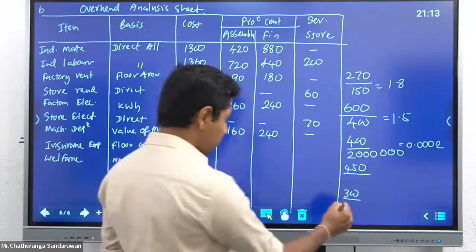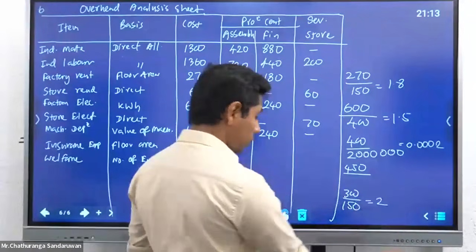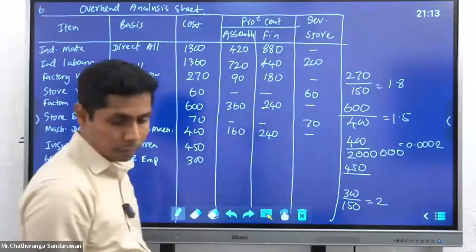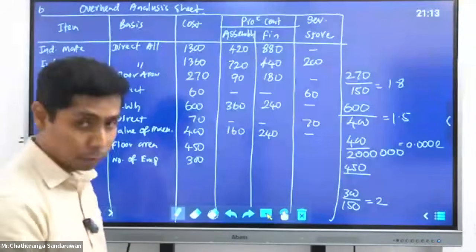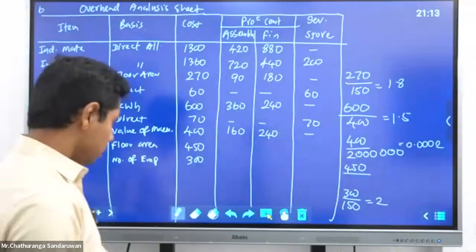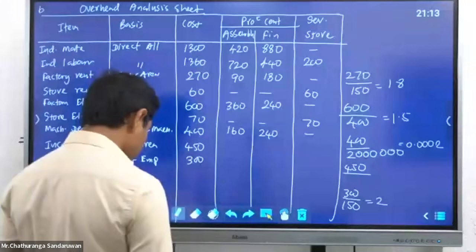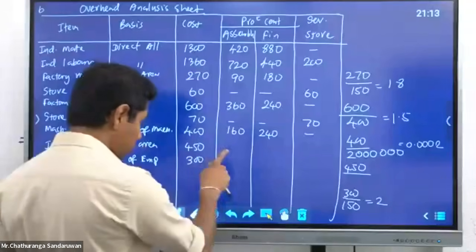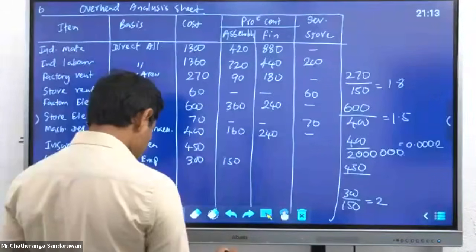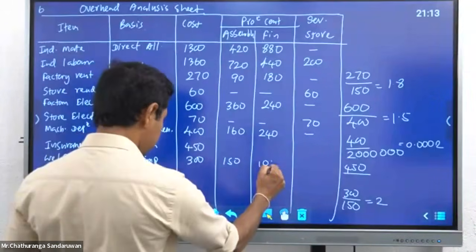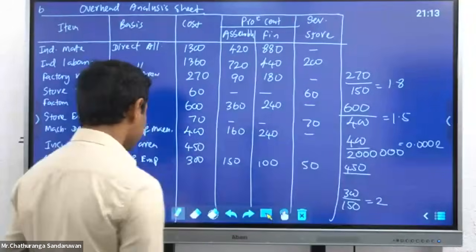So I am getting 150, right? All employees, including security guards, right? We have to provide the welfare for them as well. They are also humans, right? Therefore, that into 2, I mean 2 per employee, 2 into 75, 150, 2 into 50, 100, 2 into 25, 50.